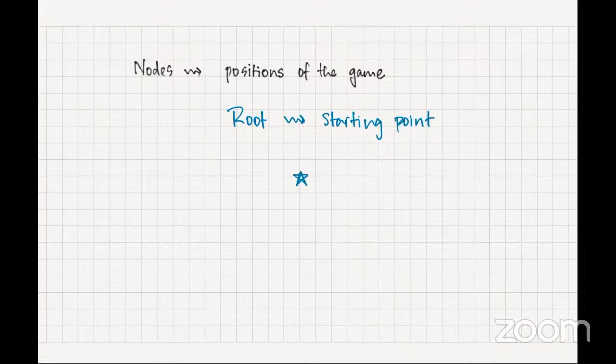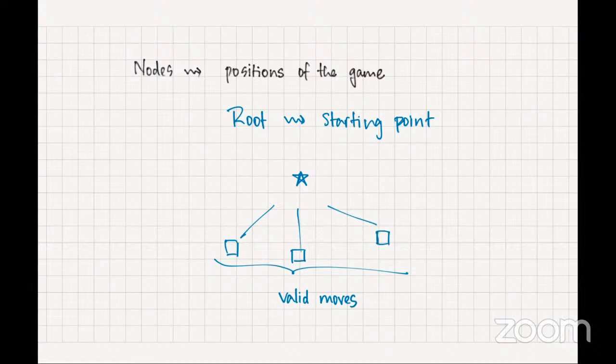And in general, from any node, you have as many children as there are valid moves. Those describe the scenario that the game is going to be in if that move was executed. And we're going to label each node as a win or a loss for the player who is currently in that position.